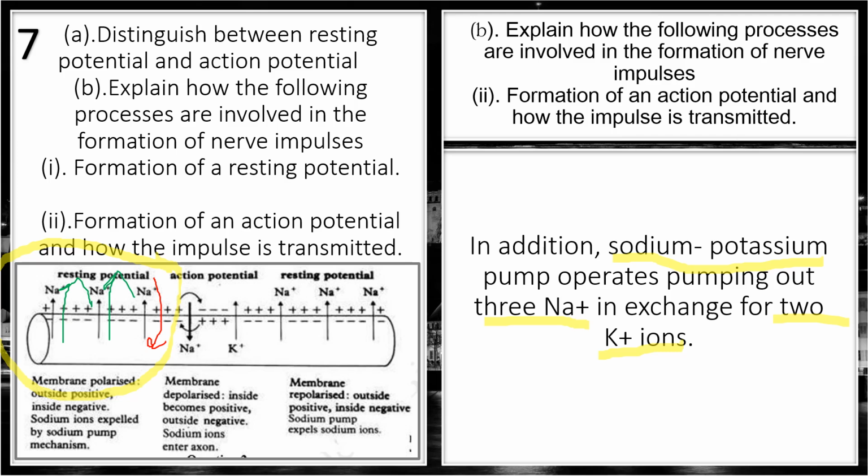For every 3 sodium ions pumped outside, 2 potassium ions are pumped inside. And this results in the inside of the membrane becoming more negative and the outside becoming more positive. That is at the resting potential.